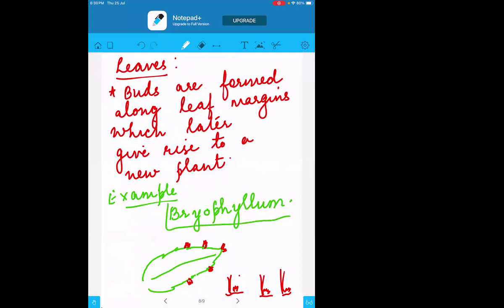Learn the correct spelling of bryophyllum, very important.